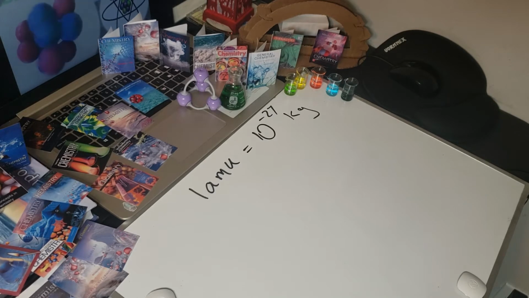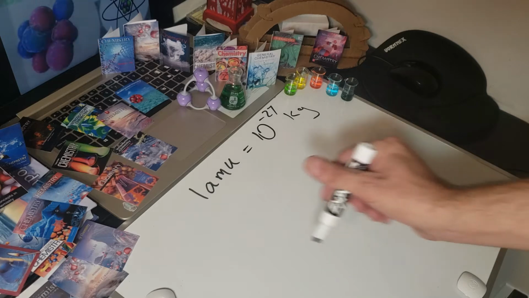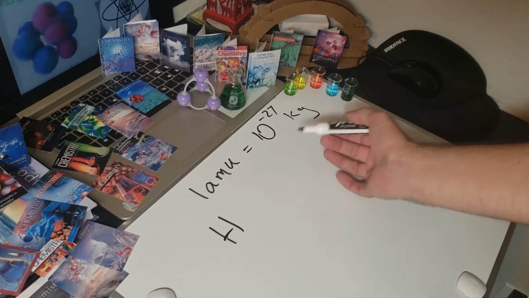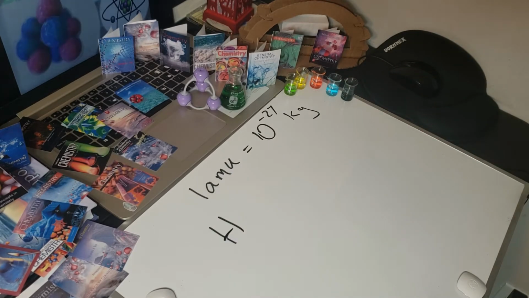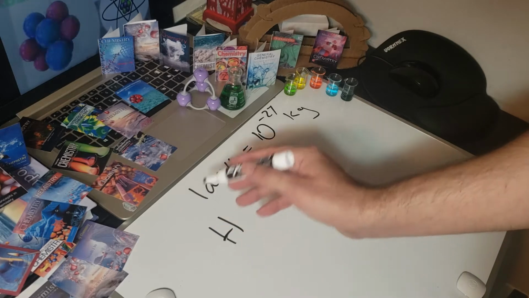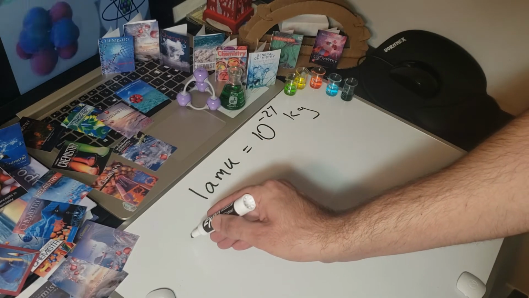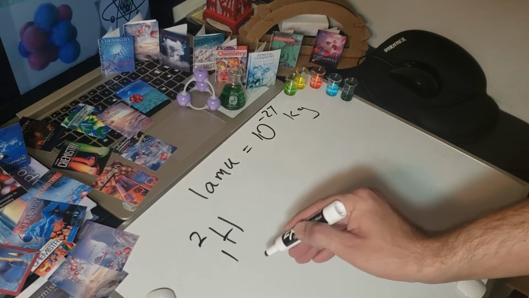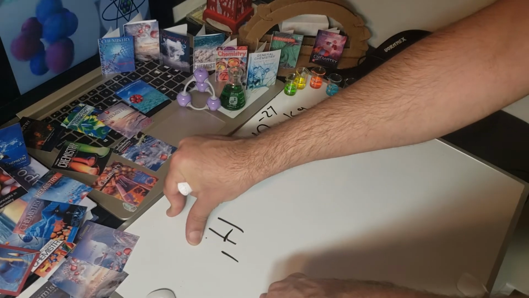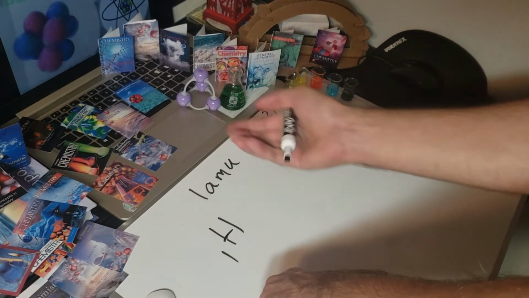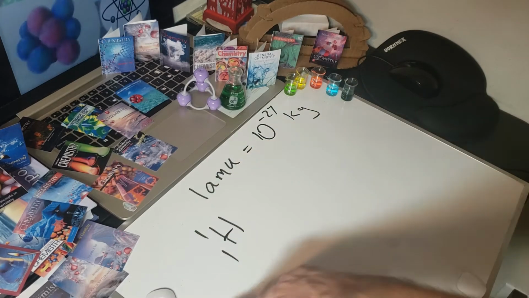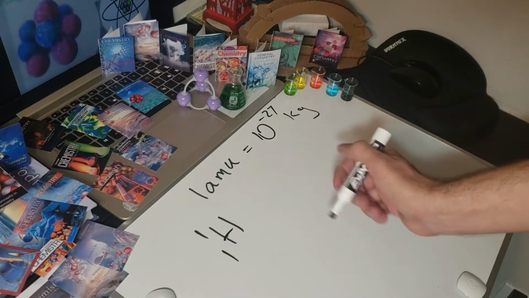So let's talk about the atomic mass. If you have an atom, let me talk about hydrogen real quick if I have time. Yeah, I do. Hydrogen is the only one whose isotopes have different names. You could have a hydrogen with no neutron and 1 proton, that's the normal hydrogen.